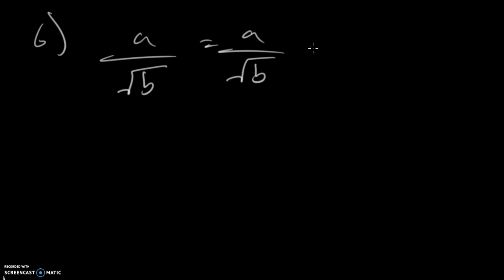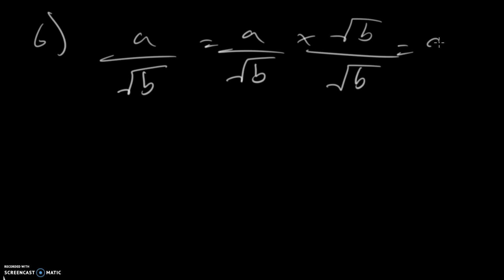Rule number 6. a over root b gives us a over root b times root b over root b. So we can rationalize the denominator.